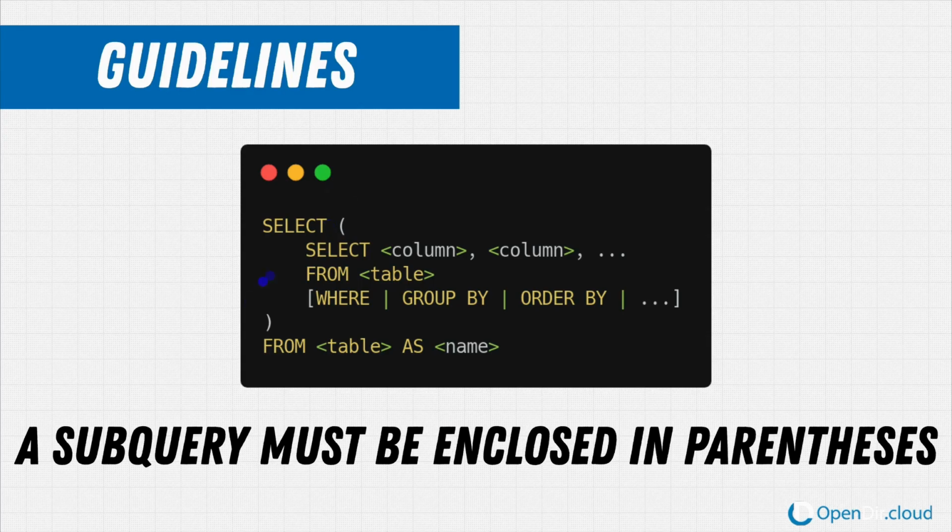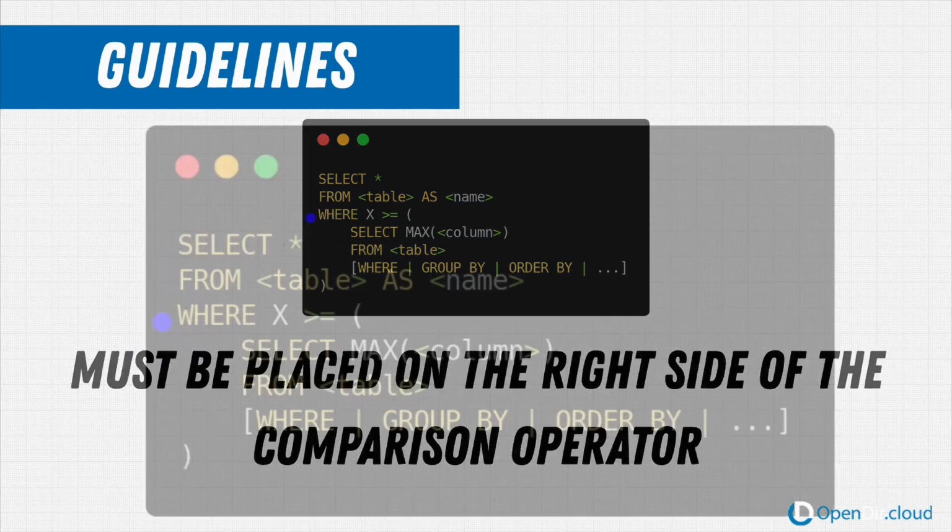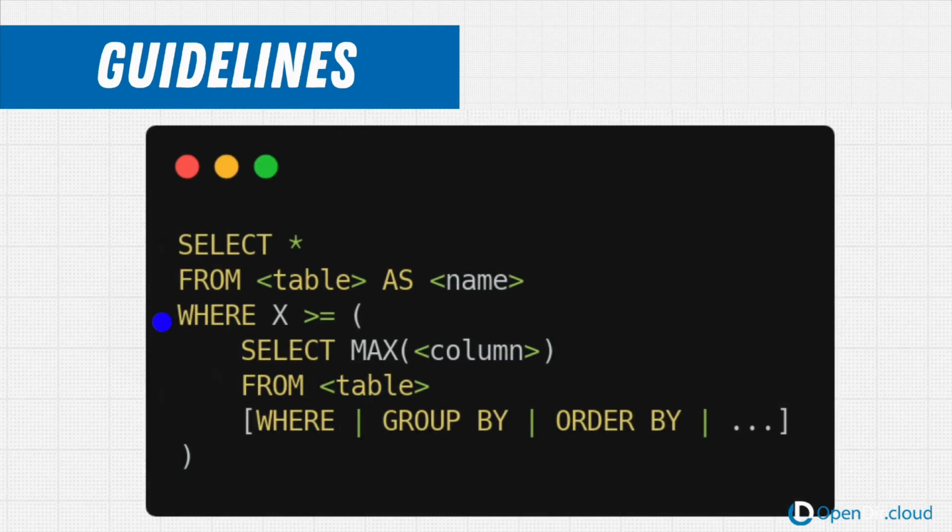This is one of the hallmarks of using a subquery, is that you use those parentheses to denote that you're going to run a subquery. Another one is that it must be placed on the right side of the comparison operator. So when we apply a comparison operator, when we use subqueries in the where statement where they are often used, it is important to always put the subquery on the right-hand side of the operation.